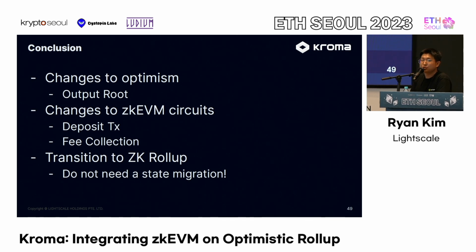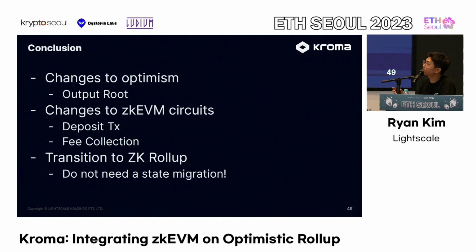And to let the zkEVM circuits know the custom parts derived from Optimism, we have changed mainly two parts of the circuit: the EVM circuit and the transaction circuit, to let them know the deposit transaction and fee collection part. And as I said before, our chain is an optimistic rollup, but we plan to transition our chain to ZK rollup without any state migration.